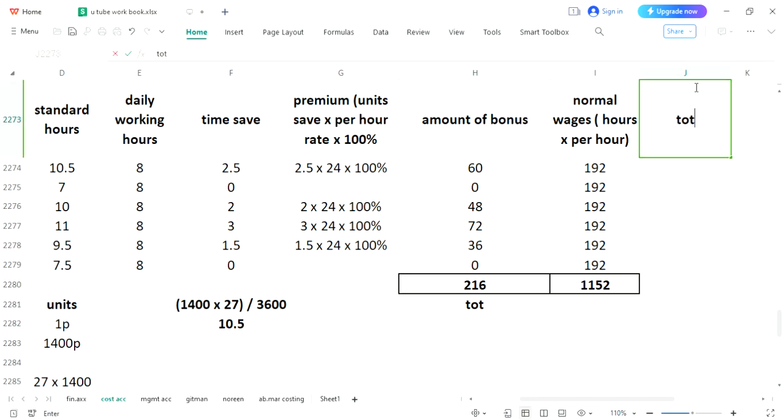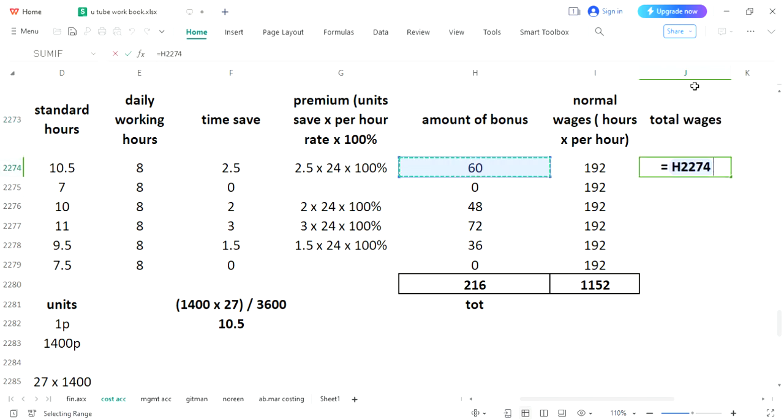Total wages would be put over here, and simple, what you will do, 60 is the bonus for Monday, then add the amount of wages 192, first day salary you have received.